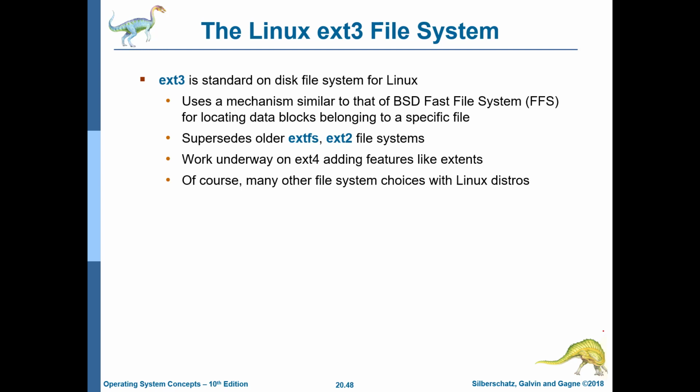So in Linux, the ext group of file systems are the most common. ext2, 3, now ext4 is the latest. This is a standard disk file system for Linux which uses a mechanism which is quite similar to BSD Unix. So the main aim of a file system is, number one, let's write it down, organize the files and directories.